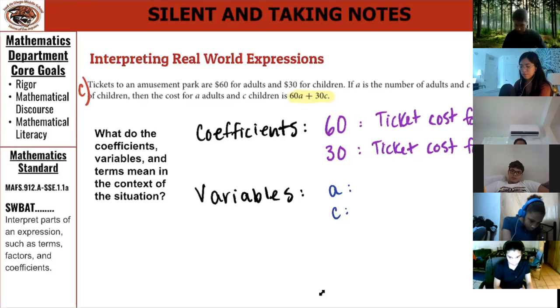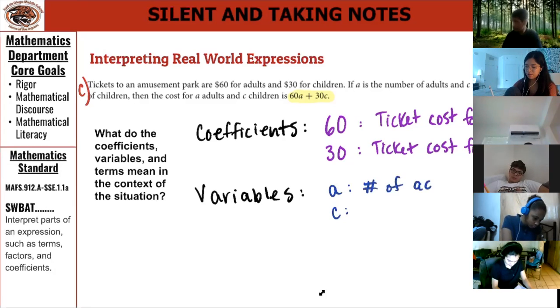Adults. The amount of adults. So not just adults, but the number of adults. That's very important. The number of adults. And then C, very similar, is the number of kids.